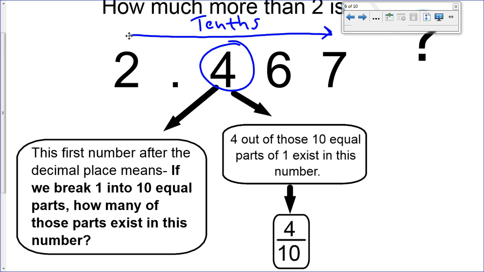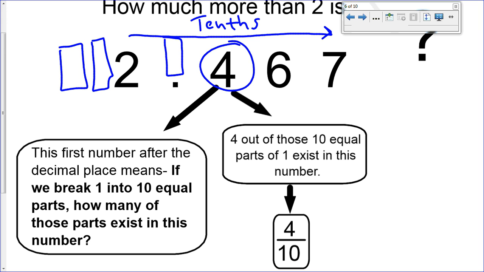Now what that 4 literally means is we can take a whole number, just like we had our bars before. So this 4 we can say is this bar just before, and we'll say that this 2 is represented by 2 bars. We're going to say that all those are equal. We're going to pretend.